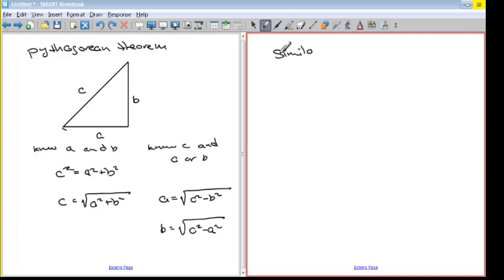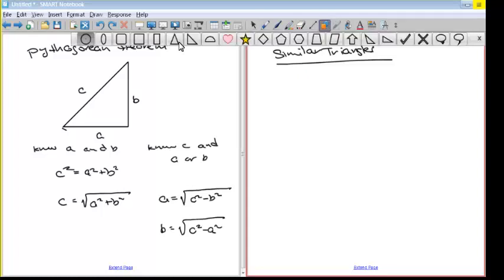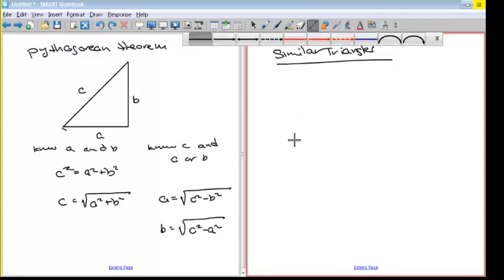Similar triangles. So the main thing about similar triangles is that the ratio of the lengths of corresponding sides is the same. So let's just make up a similar triangle here. Let's actually make one.